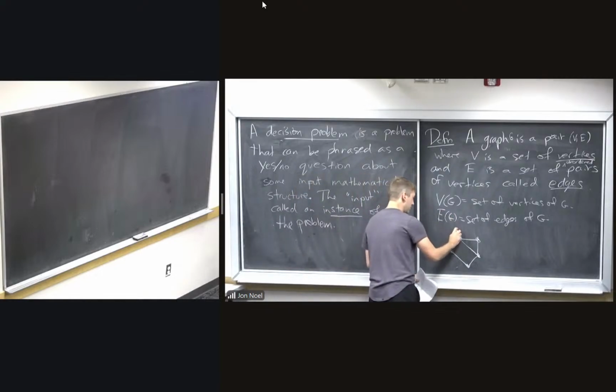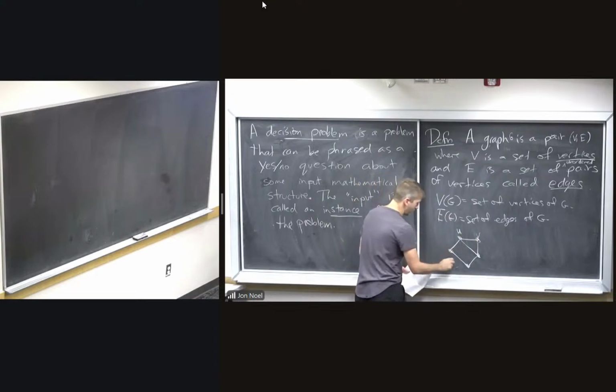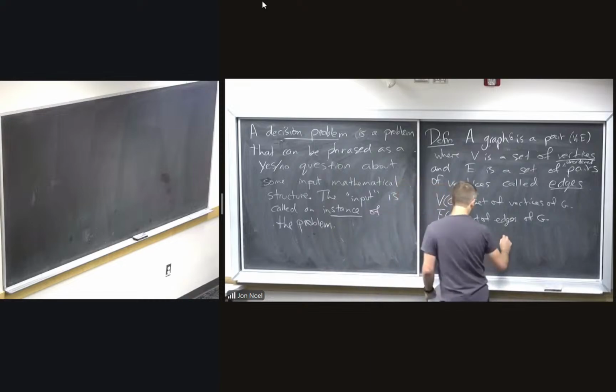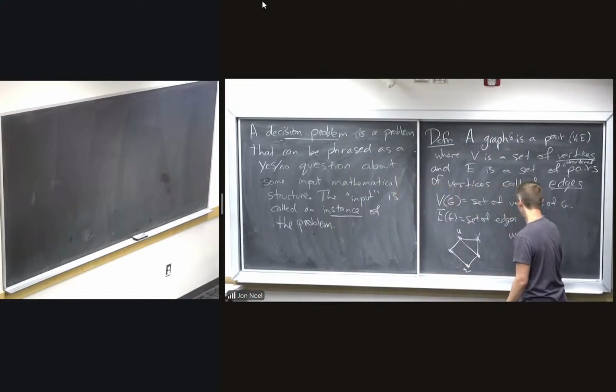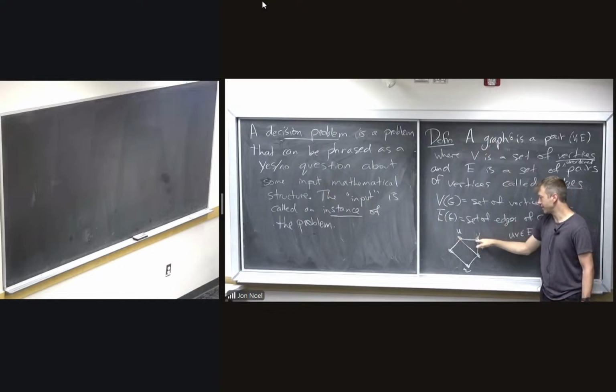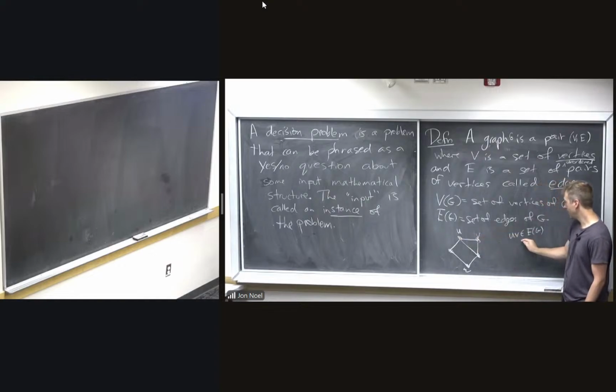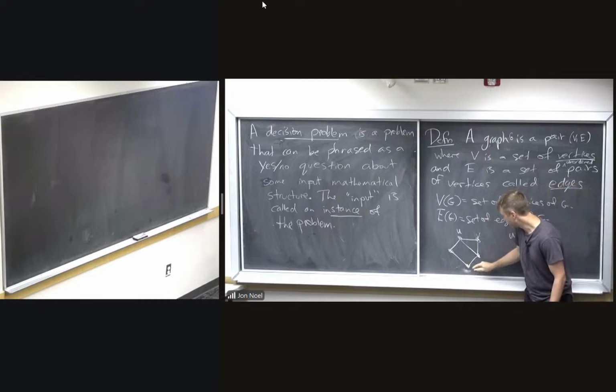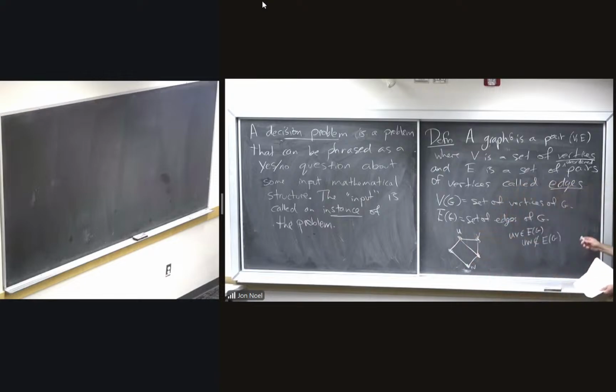And if I've got two vertices, U and V, with an edge between them, I would write UV is an edge of G, just to mean that this edge is actually in the graph. Or I could write UW is not an edge, to mean that U and W are not joined by an edge. And these edges are symmetric, unlike with digraphs.